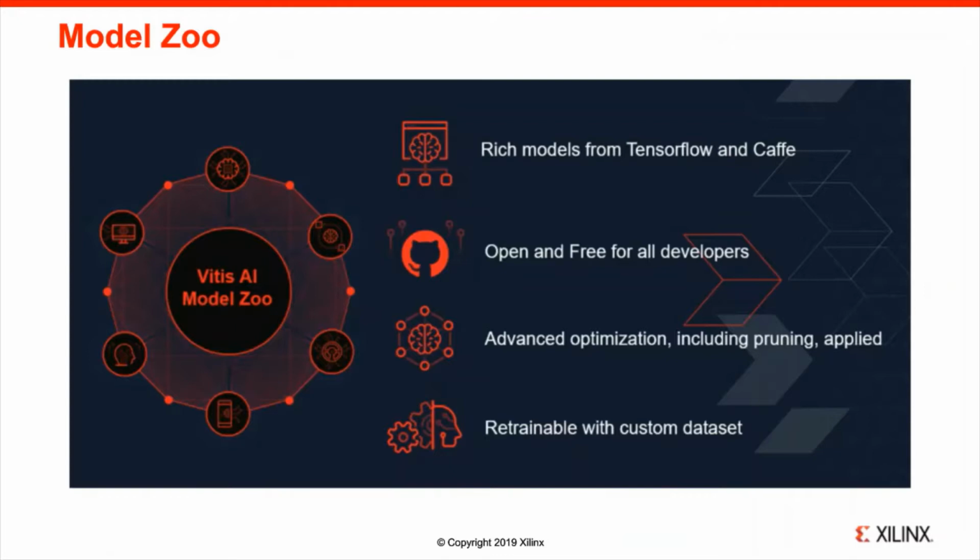The model zoo contains 50 models altogether from both TensorFlow and Caffe. It is totally open and free for all developers. The motivations for us to release the model zoo could be summarized into 3 aspects. The first one is fast implementation.